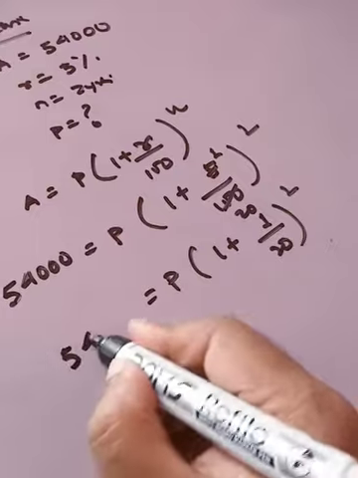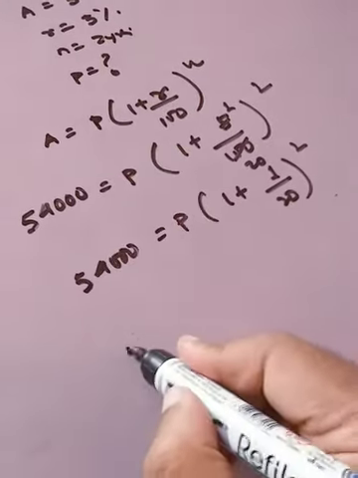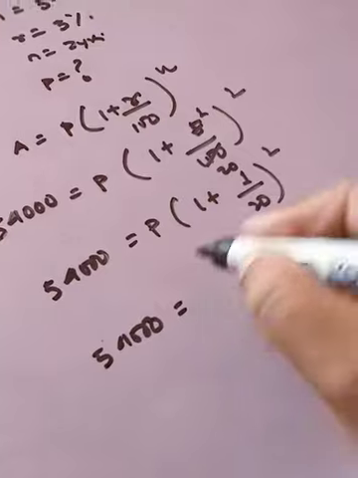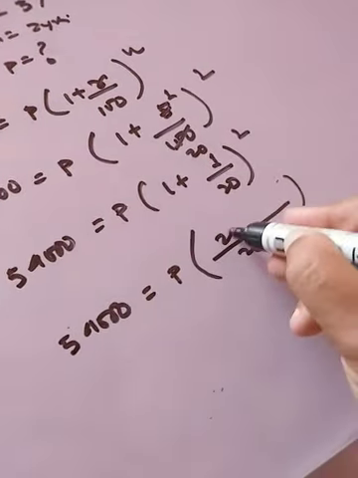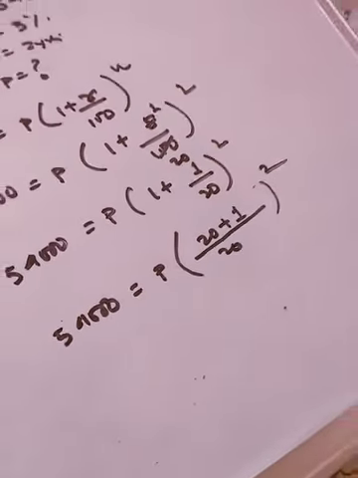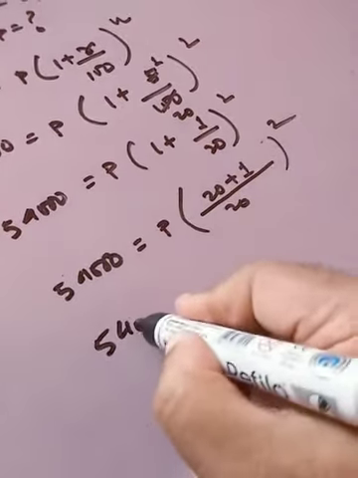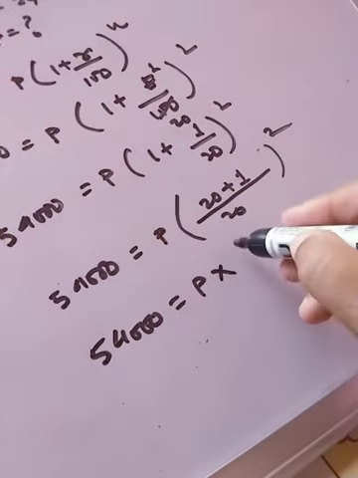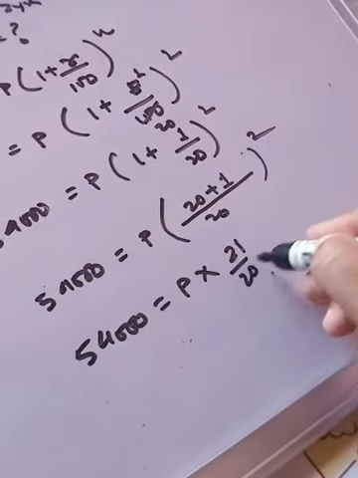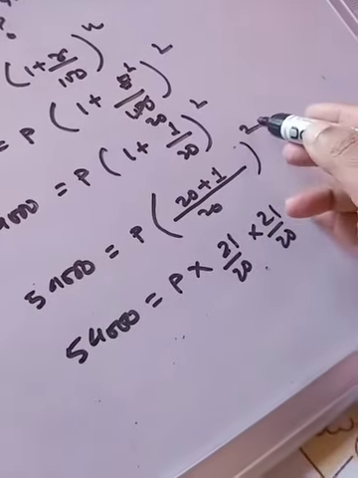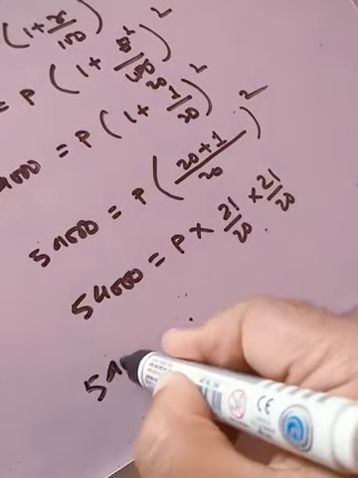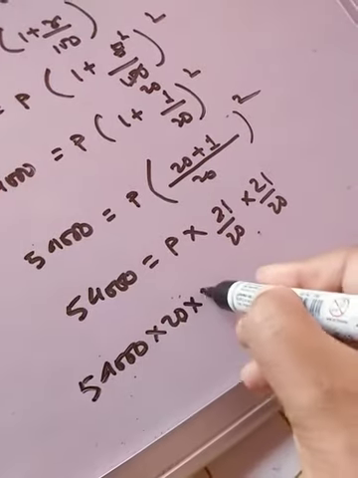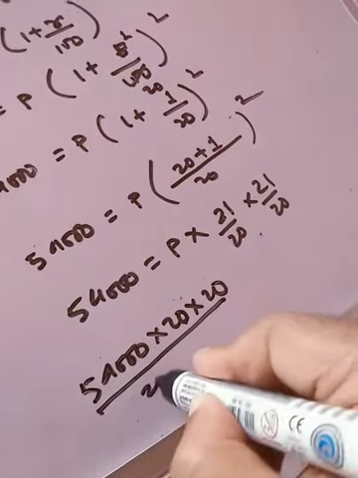So it would be 54,000 equals P. Let's solve the bracket, students. 1 is 20/20, so it will be (20 + 1)/20, whole squared. So 54,000 equals P into 21/20 into 21/20, as 2 is the power. We can transpose all the values to the left-hand side, so it will look like 54,000 into 20 into 20 upon 21 into 21.